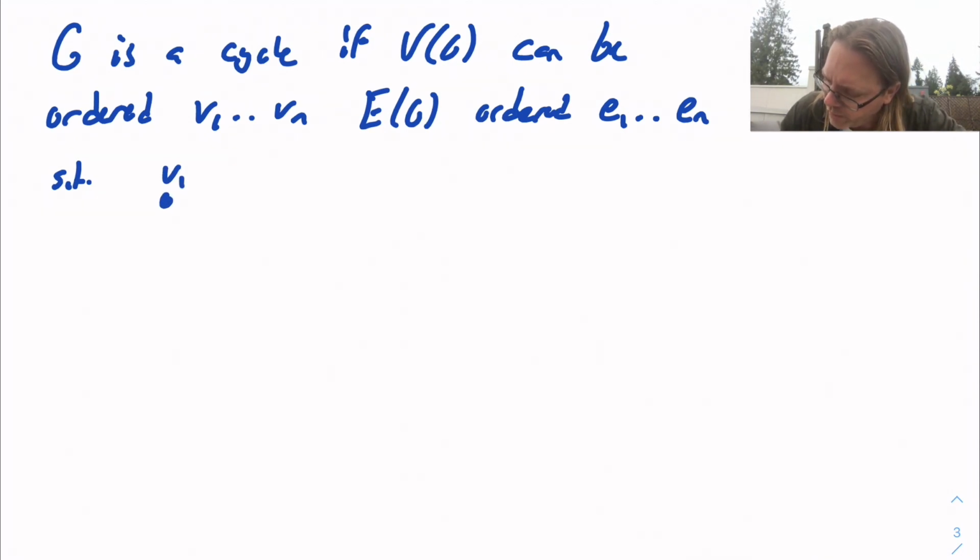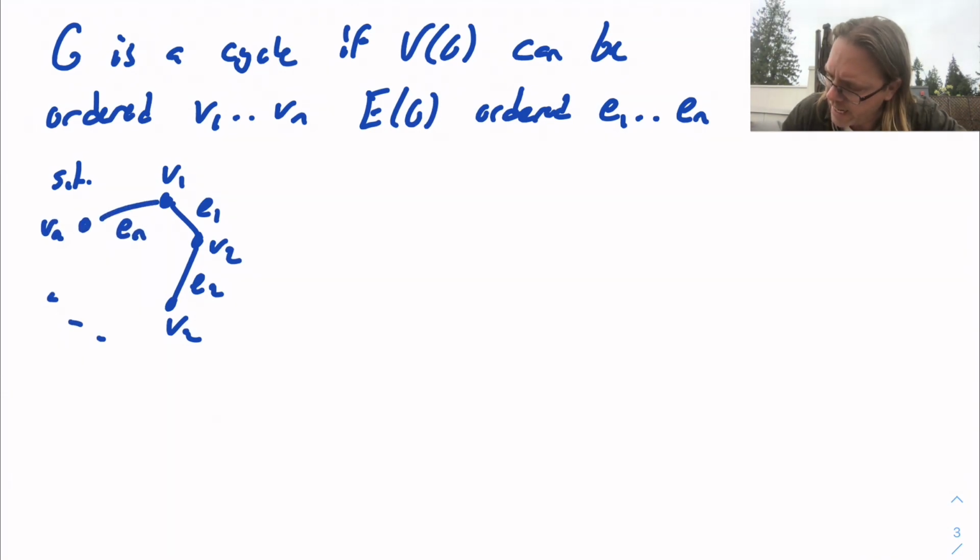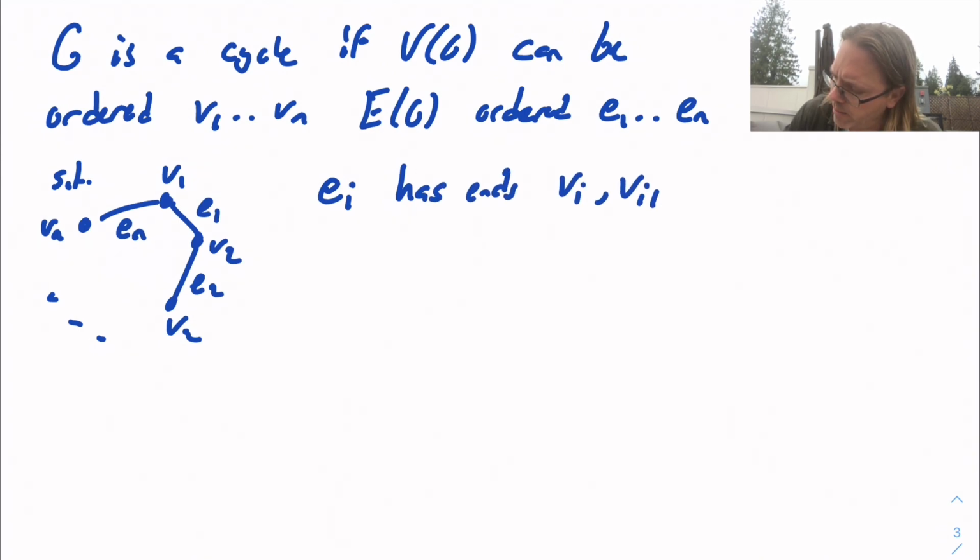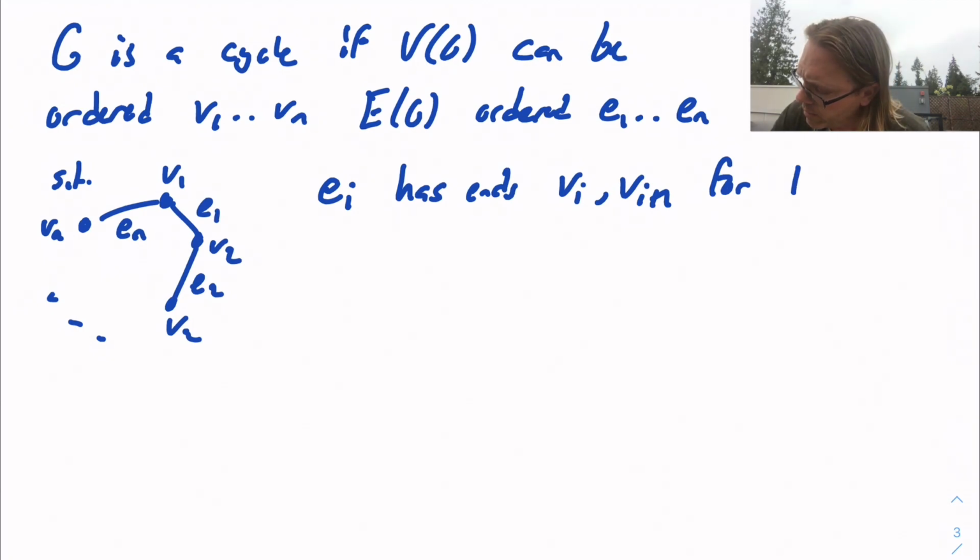So here's V1, and here's E1, and here's V2, and here's E2, and here's V3. But it's going to come all the way around. The last edge, En, will go between V1 and Vn. So the rule is that Ei has ends Vi and Vi plus 1 for all of the i values from 1 up to n minus 1.